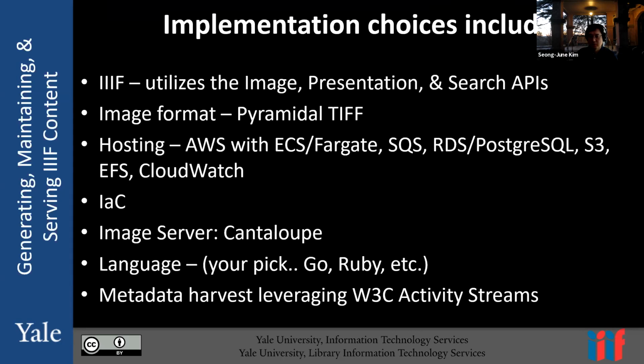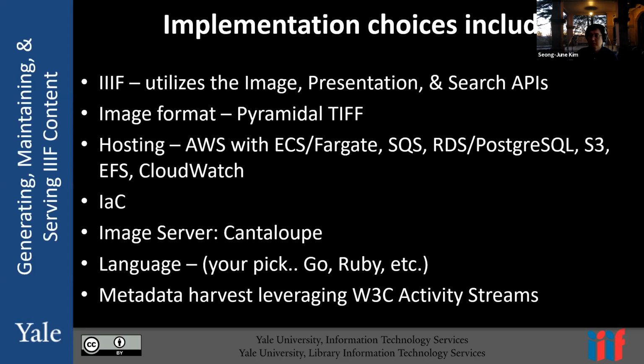And programming language, it's kind of open. We use whatever is necessary. We took up Go at the museum and Ruby and other things in the library. And we also leverage the Activity Streams protocol for metadata harvesting for CDS, the content delivery service for the museums.